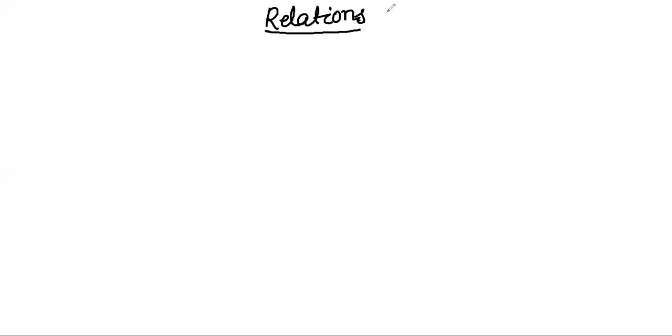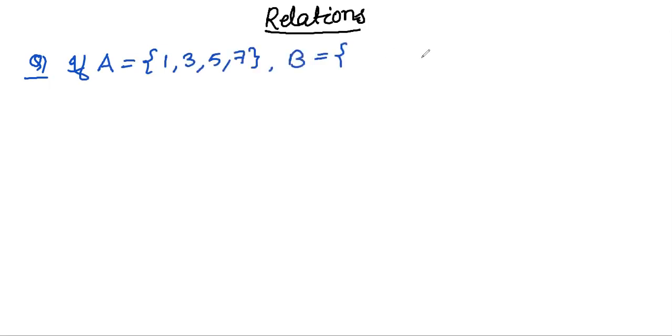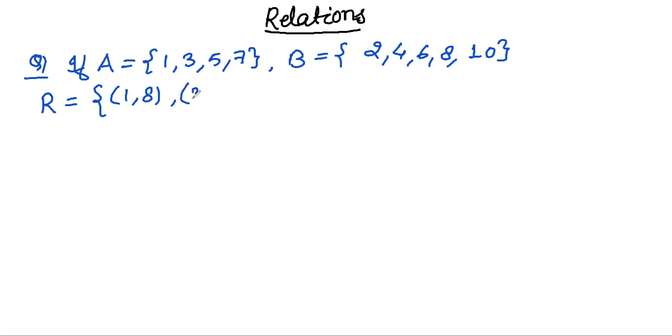So we will discuss one question based on domain, range and codomain. Here I am writing the question: set A is given as {1, 3, 5, 7}, set B is given as {2, 4, 6, 8, 10}, and R is also given. Elements are (1, 8), (3, 6), (5, 2), (1, 4).